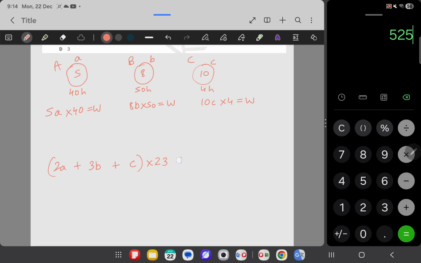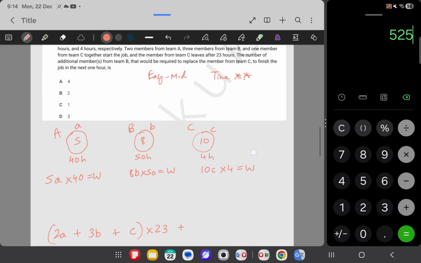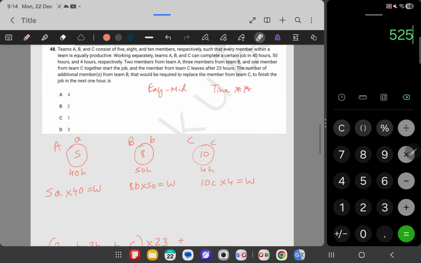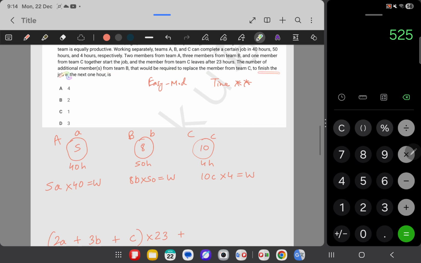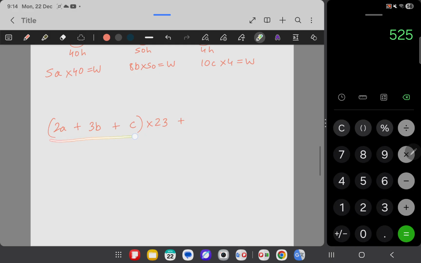So these worked for 23 hours only. After that C left, and now the question is asking the number of additional members from team B that would be required to replace the member from team C to finish the job in the next 1 hour. So okay, this was for the first 23 hours, and now we need to write it for the next 1 hour.